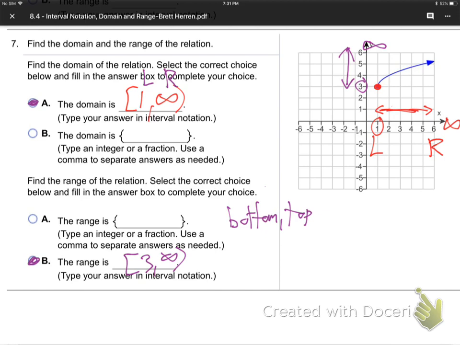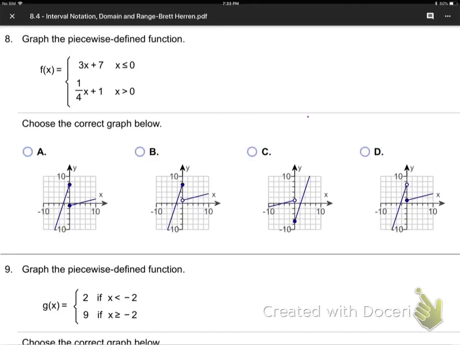This working? You okay? Questions? All right. So what's going on here? They're giving me what's called a piecewise defined function. That just means they're giving me the function in pieces. There's 2 pieces. They're basically saying you do the graph 3x plus 7 when x is less than or equal to 0.